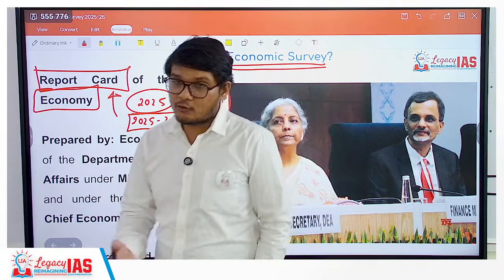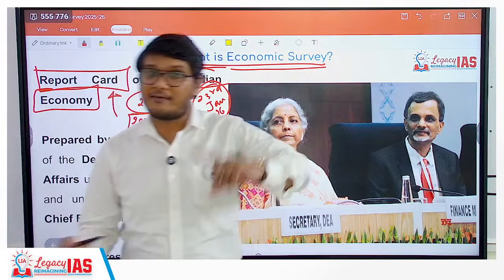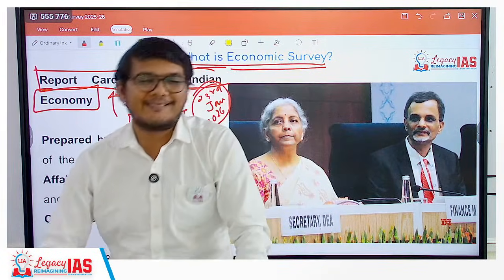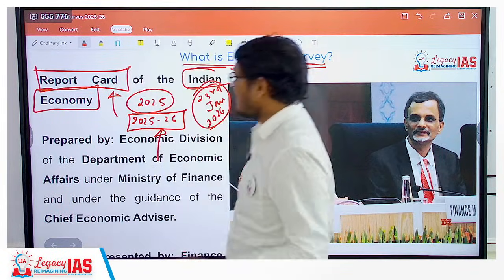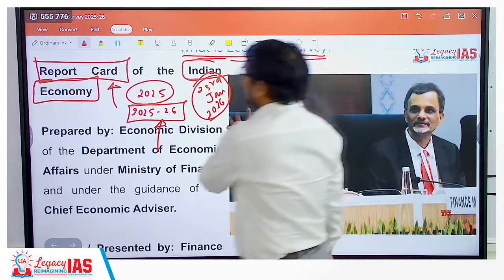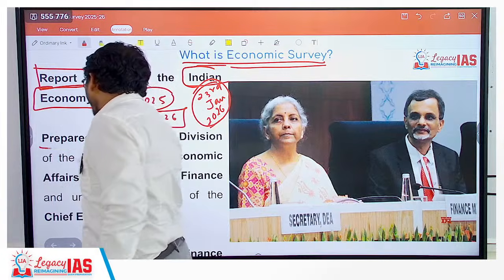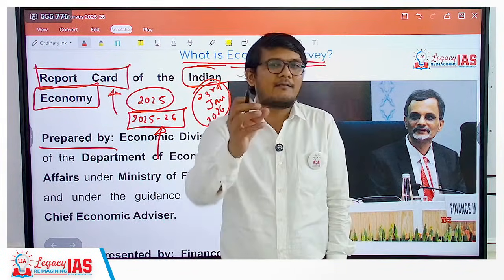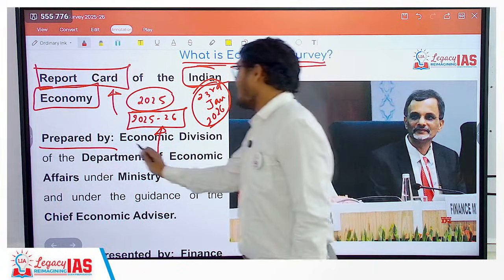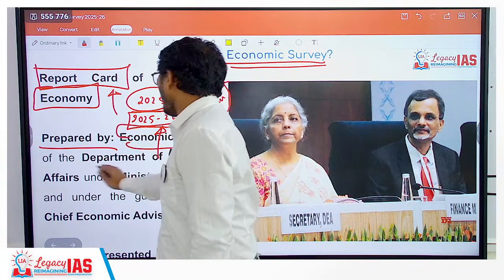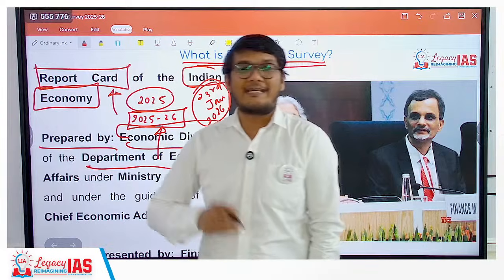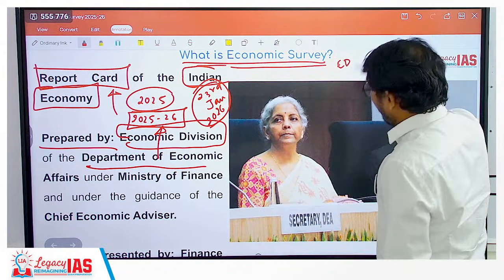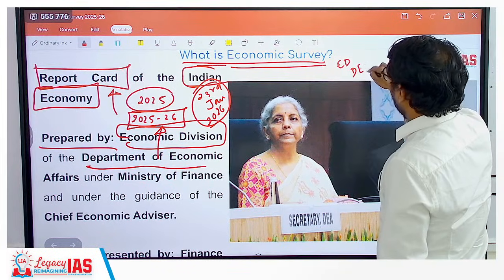Now, in contrast to the budget, it's talking about the previous year, whereas remember, the budget talks about the future or the coming fiscal year. Now, certain important facts about it. So if we talk about who prepares the economic survey, it's the same as your budget. It is prepared by the economic division of the Department of Economic Affairs. So it is prepared by the economic division under the Department of Economic Affairs.